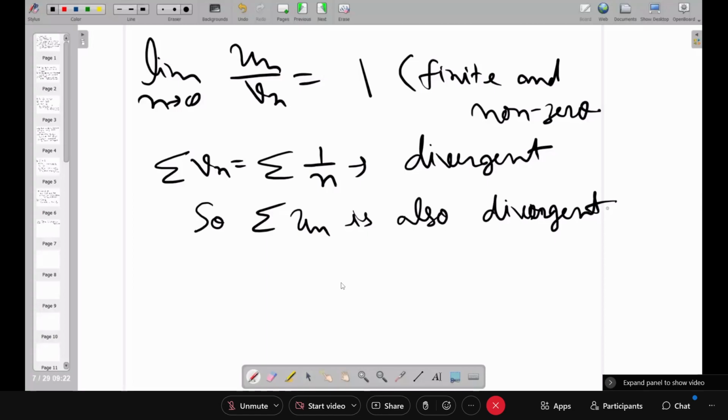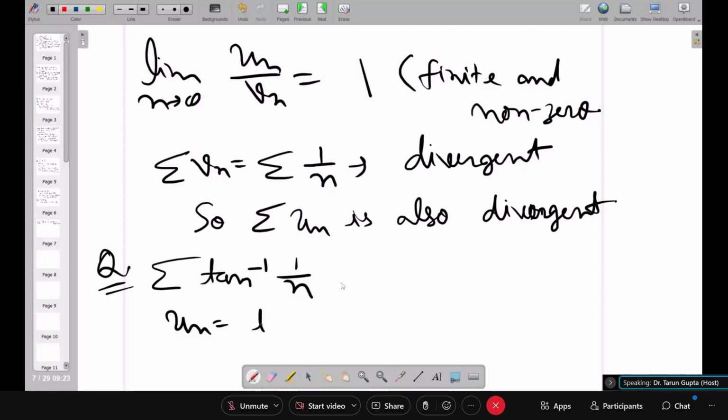Similar way, you can prove summation tan inverse 1 by n. Okay, so here un is tan inverse 1 by n.